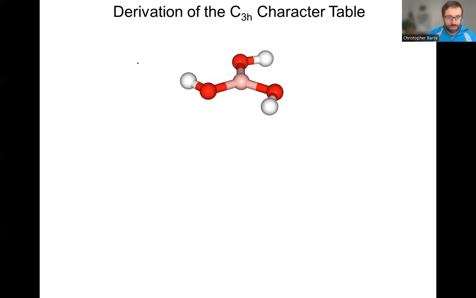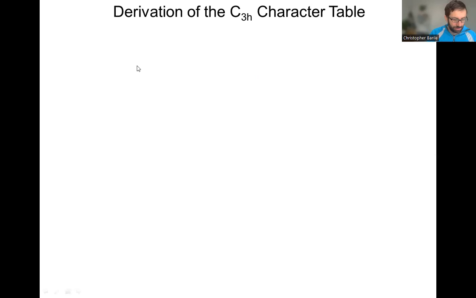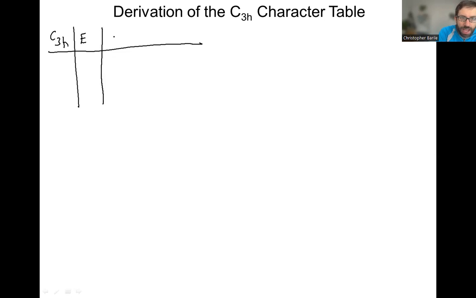All right. So now what we can do is write our character table skeleton. So we have C3h, we have identity, and now I'm dropping the hat notation. The reason is because now these are classes we've determined and not just operations that we were talking about before.